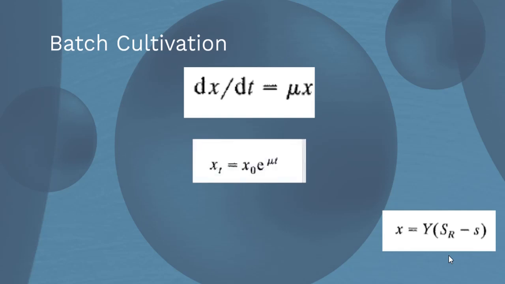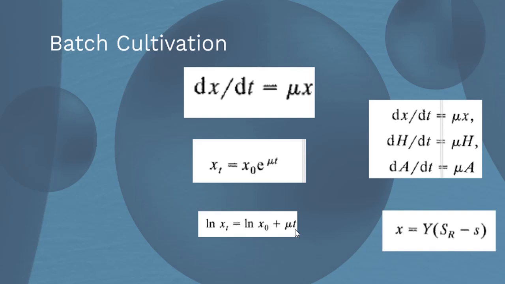The equation can be linearized by taking ln on both sides and we get ln xt equal to ln x naught plus mu t, where xt is the biomass concentration at time t, x naught is the initial biomass concentration, and mu is the specific growth rate. In the dynamic model, the change in biomass concentration, change in enthalpy and change in concentration of actually living cells can be estimated.